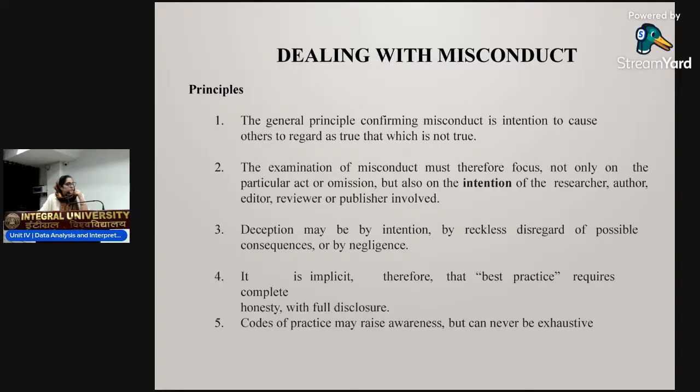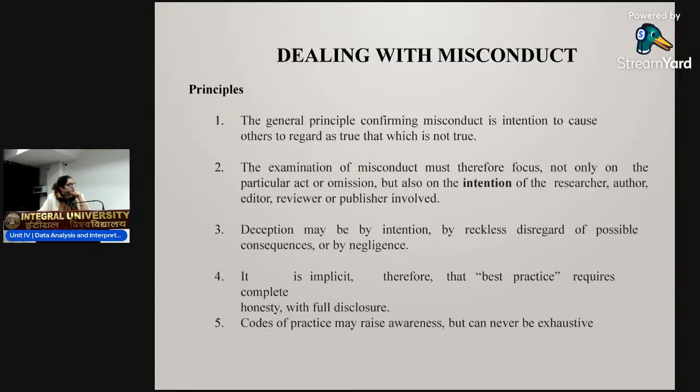The committee would try to see whether this error was honest or intentional. When we use the word intentional, we mean that we were in our senses when we were doing this malpractice. If it was intentional, then the documentary proof would be collected. In either case, the documentary proof will be collected.